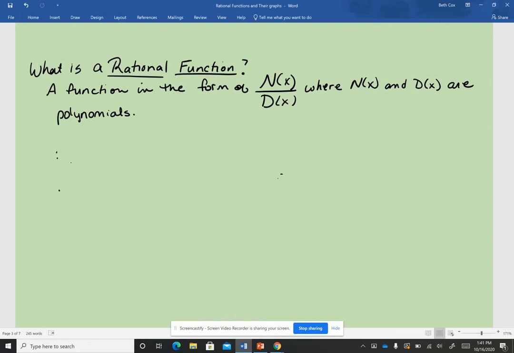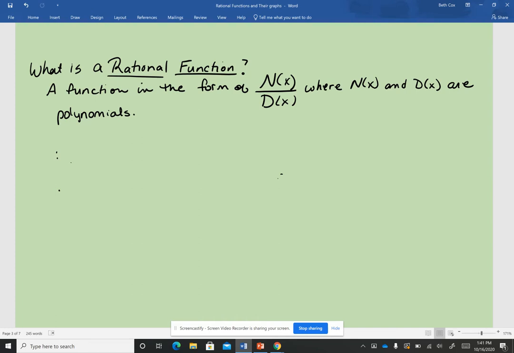We learned that functions can have graphs. We learned that we can add, subtract, multiply, and divide functions and create a new function when we do that. We also learned that we can compose functions, and that creates a new function. And we also learned that we could do a thing called a difference quotient with a function, and that we could find inverses of functions.